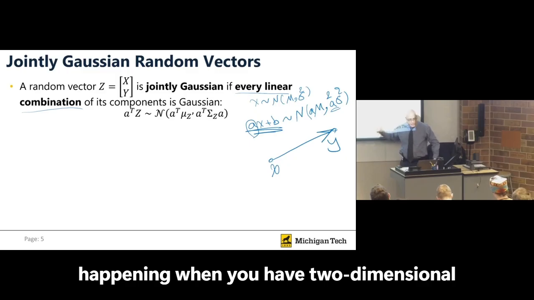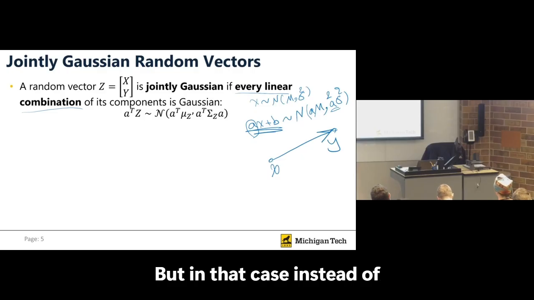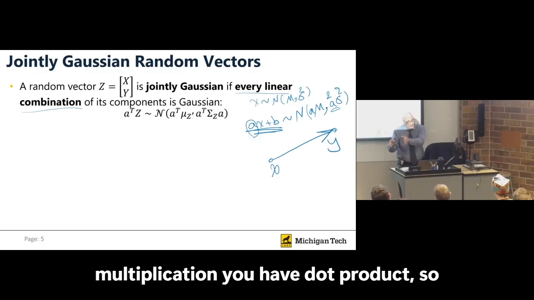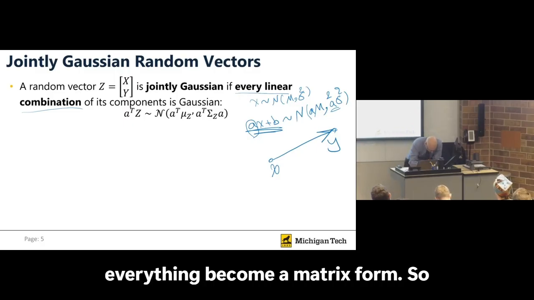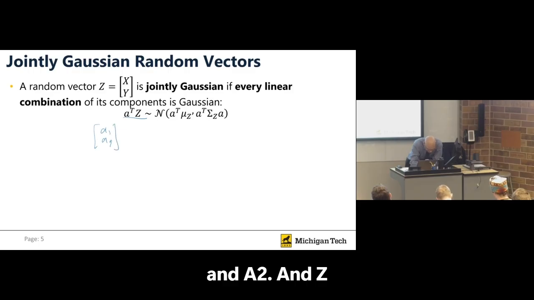The same idea happens when you have two dimensions, when you have x and y, for example. But in that case, instead of multiplication, you have a dot product. So everything becomes a matrix form. If we write the matrix form, imagine A is A1 and A2, and Z is the transpose of that.